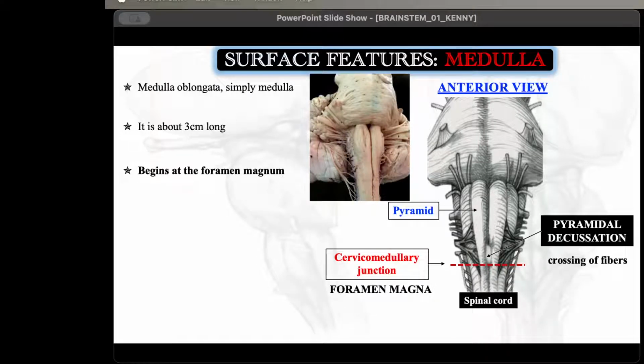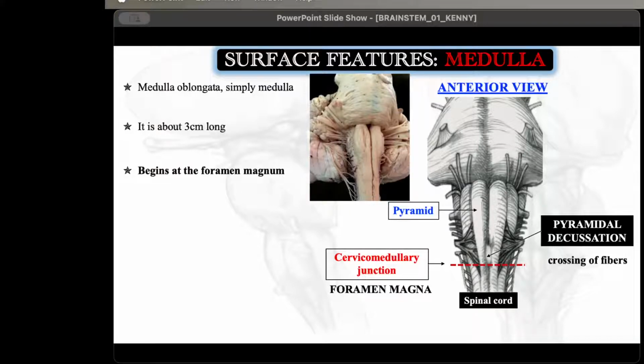It is a crossing of fibers within the pyramids, from left pyramid to right pyramid and from right pyramid to left pyramid. We will discuss this in later videos, but it's just a simple crossing of fibers.